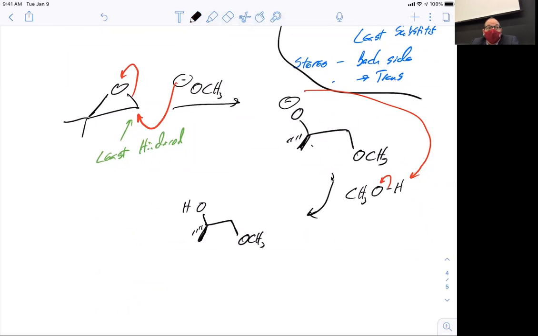So in base promoted or nucleophilic promoted, we look for the least hindered side. That's going to be the one that we're attacking. So if we think about it, this is an SN2 style process. We're looking for an SN2 style position to attack.